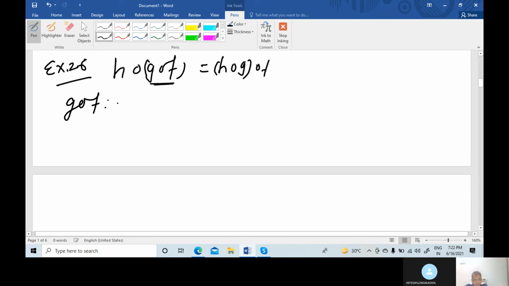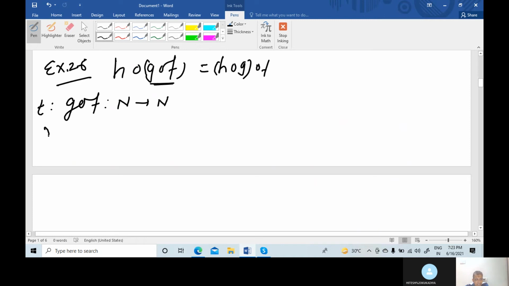Take the domain of function f as N and the codomain of function g also N. Here we suppose g∘f equals the function t. So we simplify, very easy.